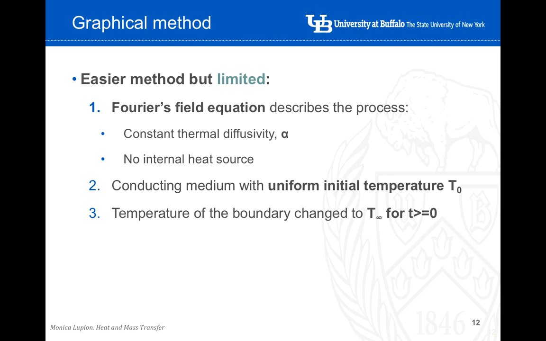The second condition is that the medium has to have a uniform initial temperature T sub 0. And finally, the third condition is that the temperature of the boundary, or the surface, changes to T infinity when the time is equal to or larger than 0. So those 3 conditions are critical to apply this graphical method.